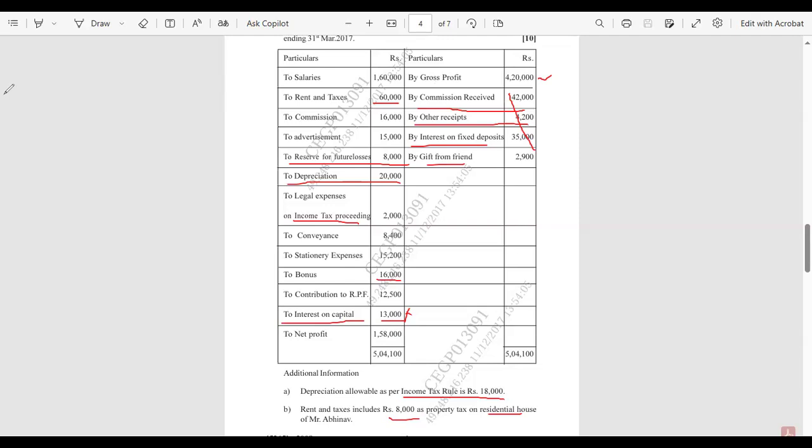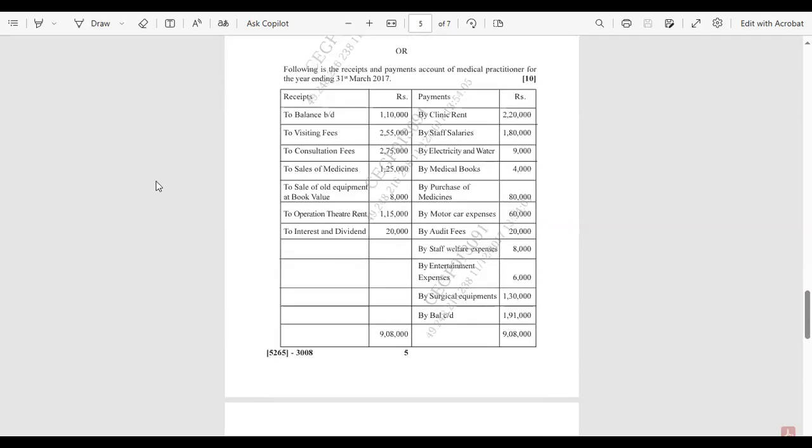So let's go for the next numerical. Following are receipts and payments of a medical practitioner. So when it is given as a medical practitioner, we can understand what are the incomes and expenses which are business and non-business.